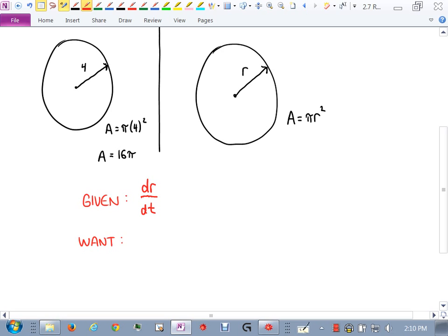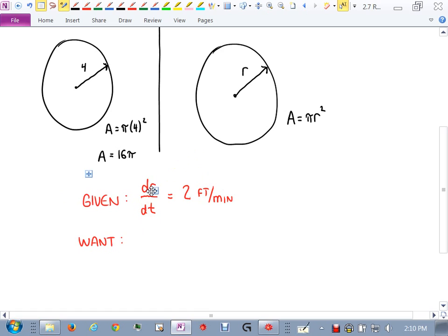Now, t here is time. Time here in this problem is measured in minutes. So think about what this is saying. The speed at which the radius is changing with respect to time is given to me to be 2 feet per minute.